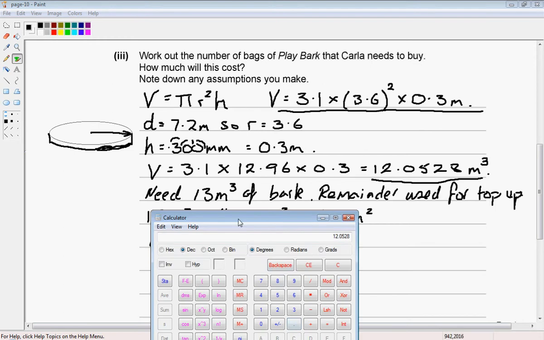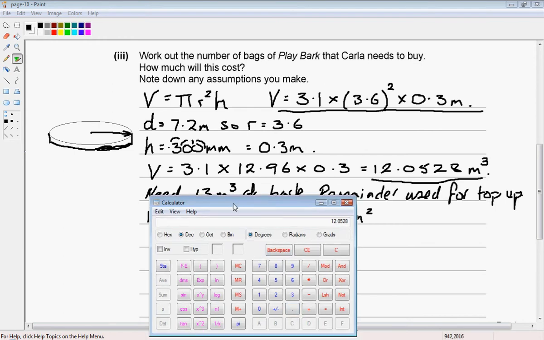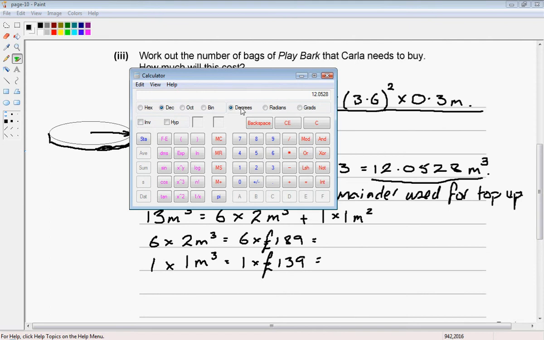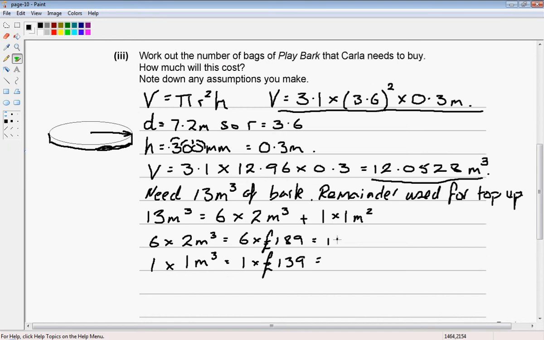Okay, so I know this seems to be a long-winded way of doing this, but examiners want to know, how did you get there? So 6 times 189 gives us £1,134 plus the £139.